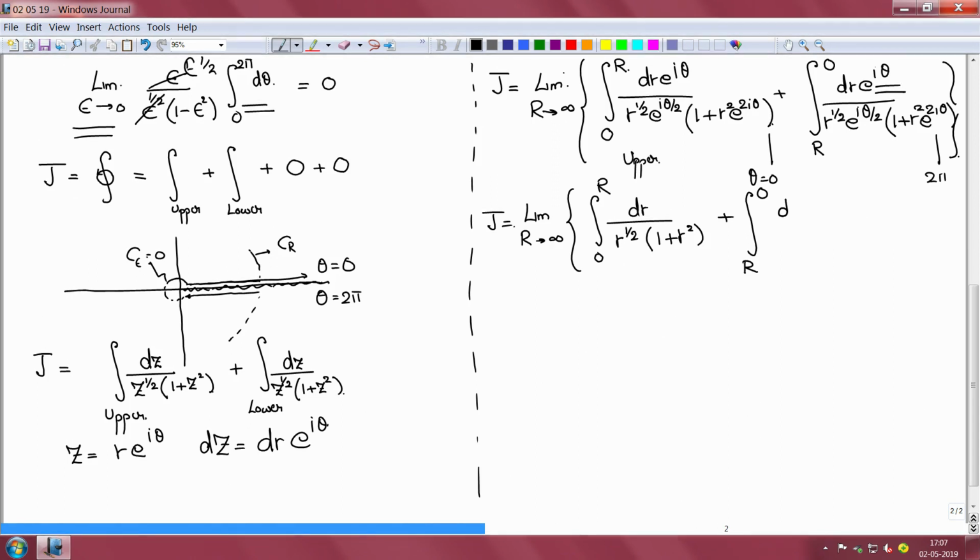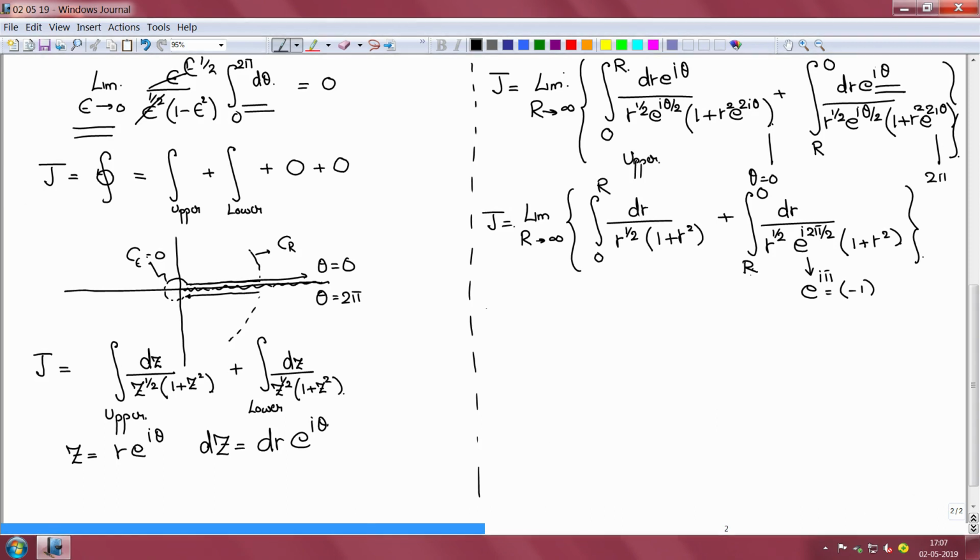So I get again dr divided by r to the power half e to the power of I twice pi by 2 into 1 plus r square. This gives me e to the power of I pi, which is a minus 1. And I can use this minus 1 and switch the limits on the integral.